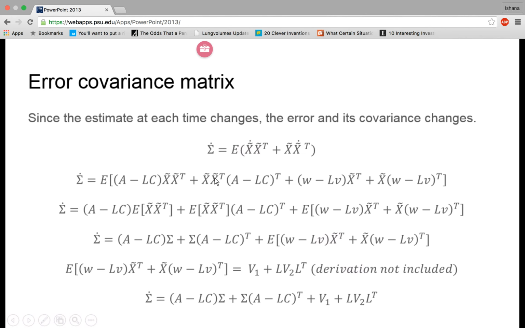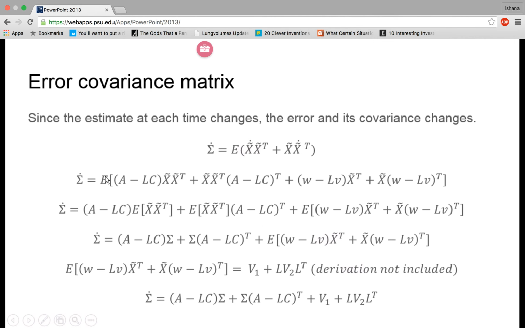So this is basically x tilde transpose into A minus LC transpose, since the transpose of A times B is equal to B transpose into A transpose; that is the law followed here. So this term essentially consists of this term right here and this term here.